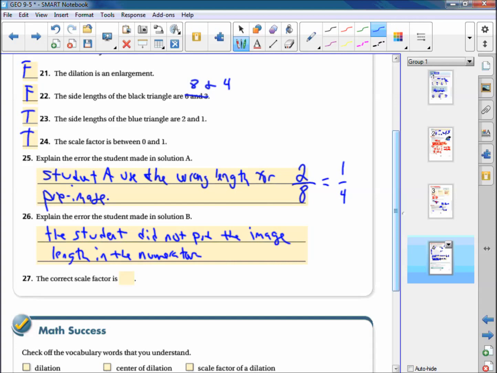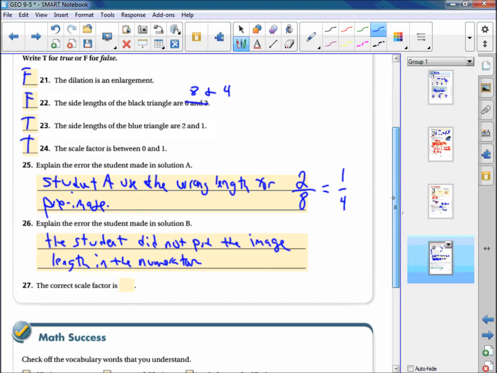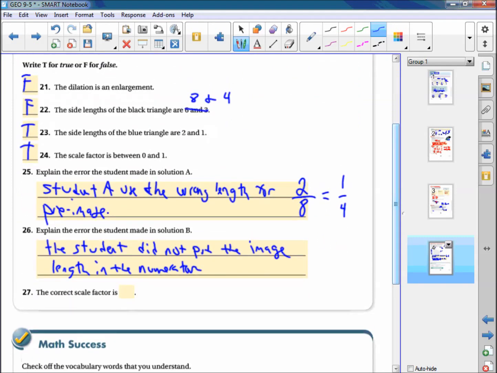So remember, for our ratio, you're supposed to put the new one up top. They put the old one up top. They did 8 to 2. So they put the pre-image on top and the image on the bottom, and you're supposed to do it the opposite way. So that's why that's bad.